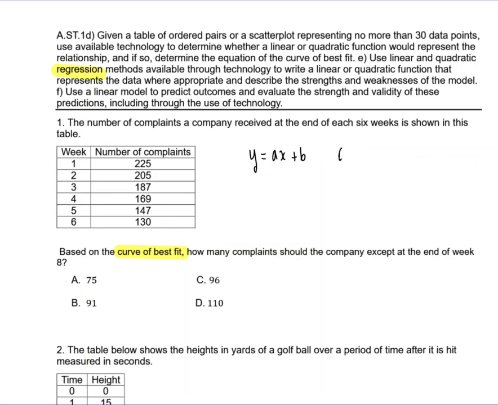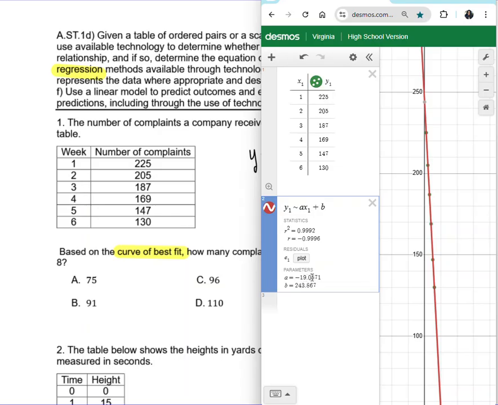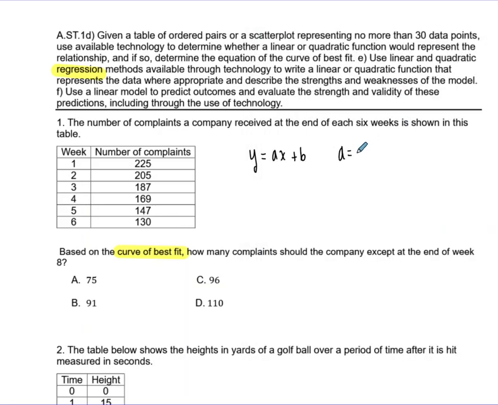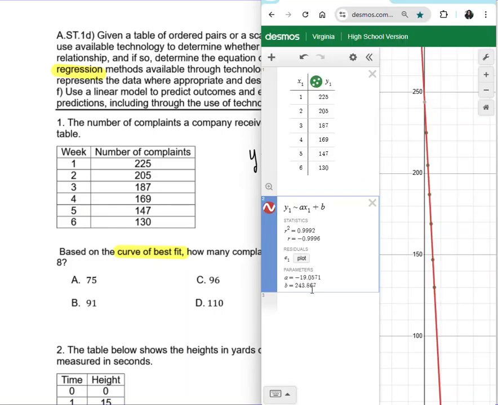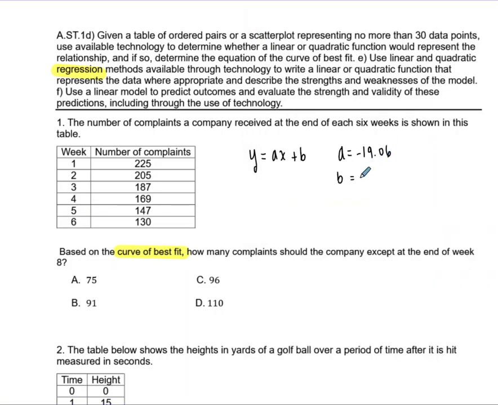Here, Desmos tells me that A is equal to negative 19.06, and then B is equal to 243.87. So that's my equation right here.